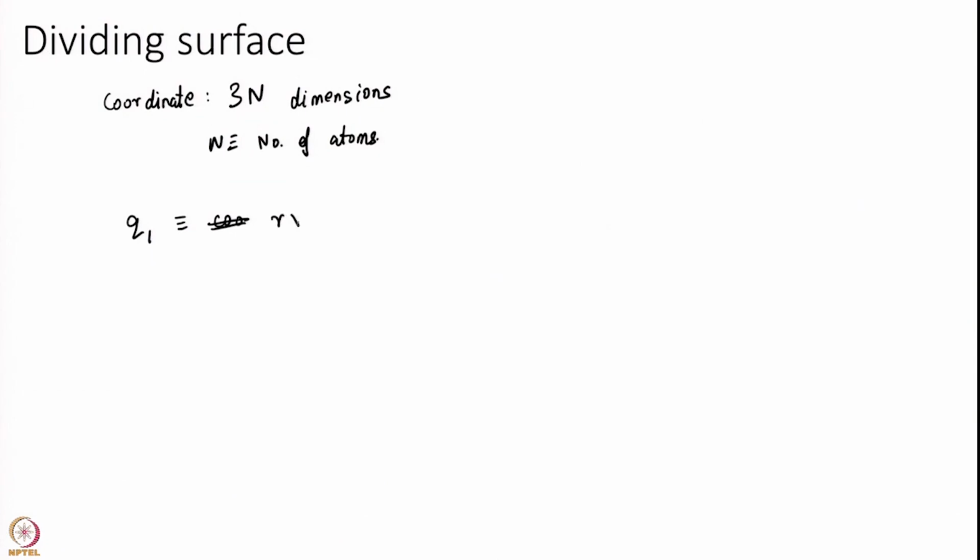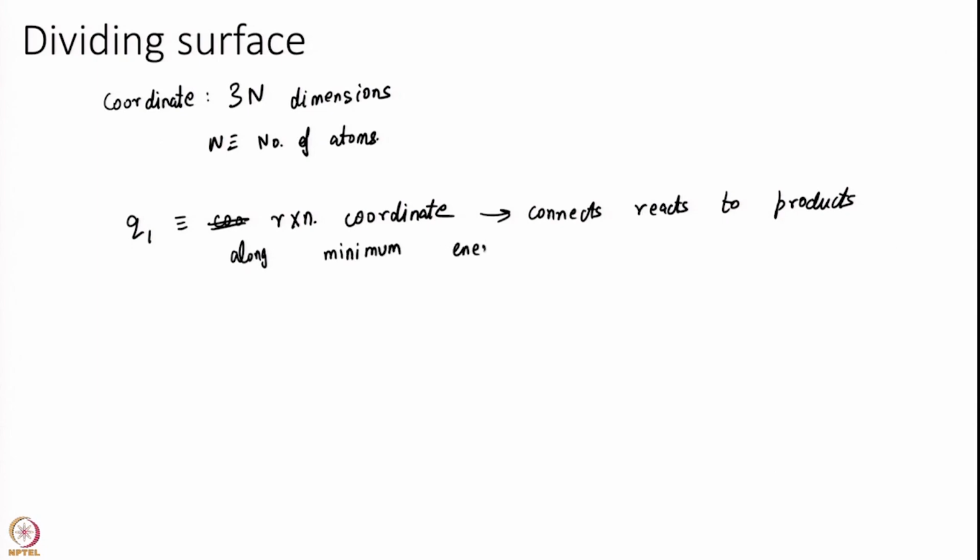I have Q1, one coordinate that I will call the reaction coordinate. Reaction coordinate is always only one, that is the coordinate that connects reactants to products along the minimum energy path.